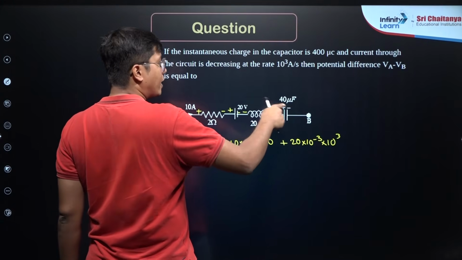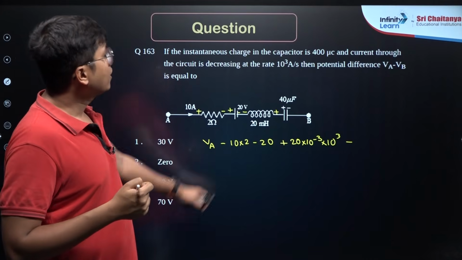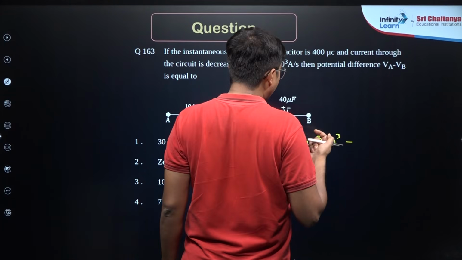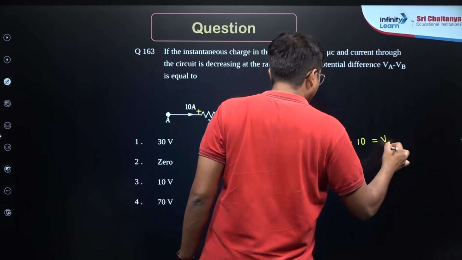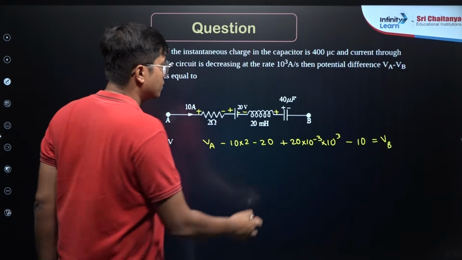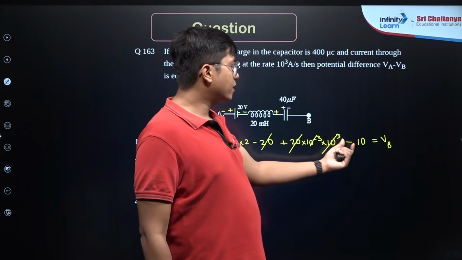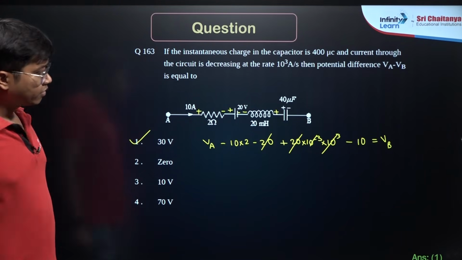Then over here there is again a voltage drop of minus Q by C. Q by C is 400 micro divided by 40, that would be 10. That is equal to VB. So then you shift this VB over to this side, plus 20 minus 20 will cancel, you have a minus 20 minus 10, and that's a minus 30, that will shift over to that side, your answer will come out to be 30 volts.